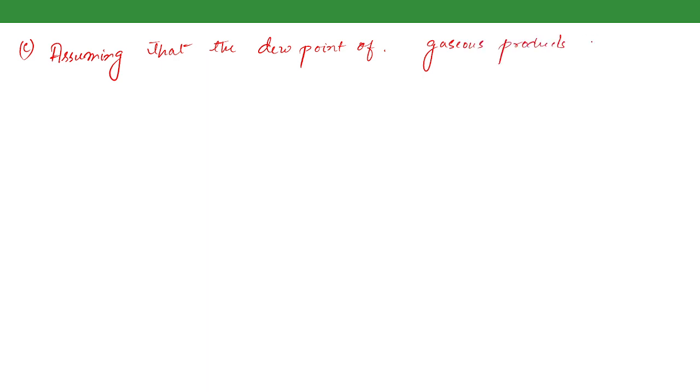Okay, we are assuming that the dew point of gaseous products is greater than 25 degrees Celsius, so that when cooled to 25 degrees Celsius, some water condenses.